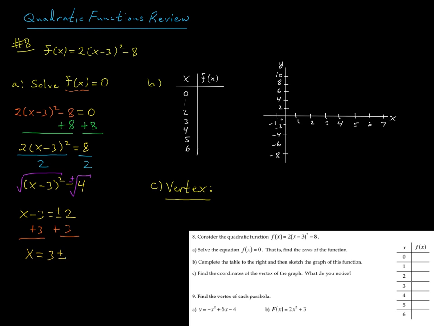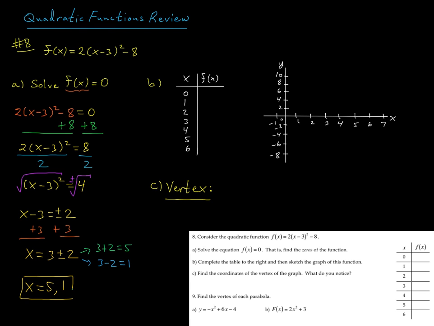And now, considering each case individually, 3 plus 2 is 5, and if I use the minus sign, x is 3 minus 2, which is 1. So our solutions here are x equals 5 and 1.